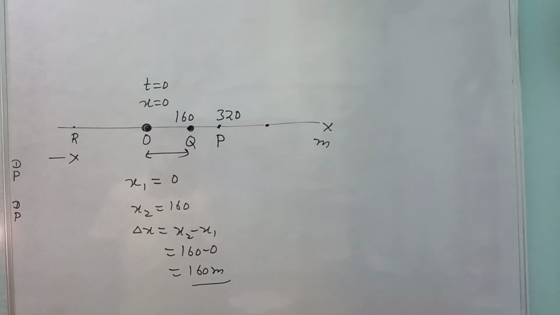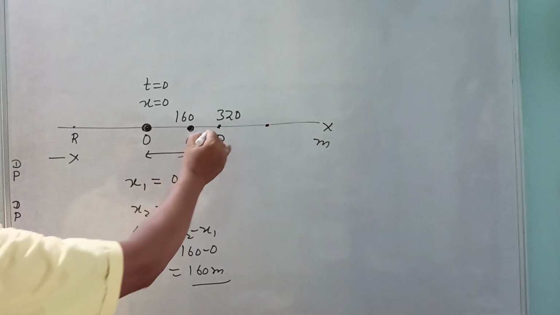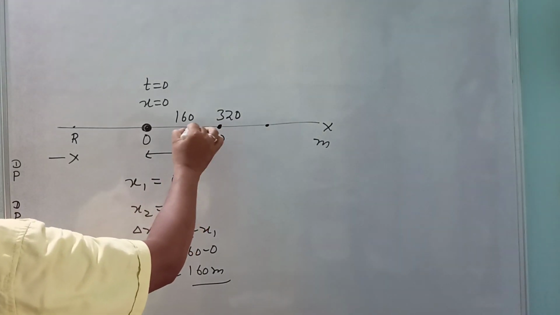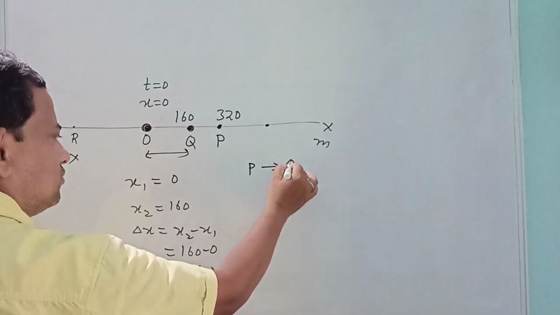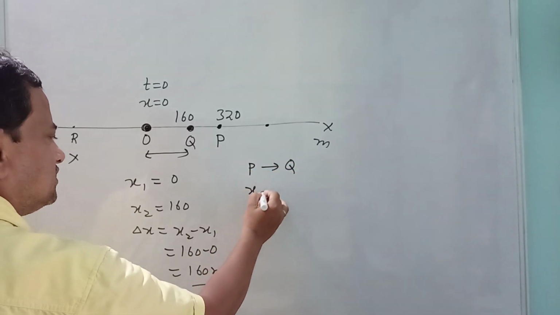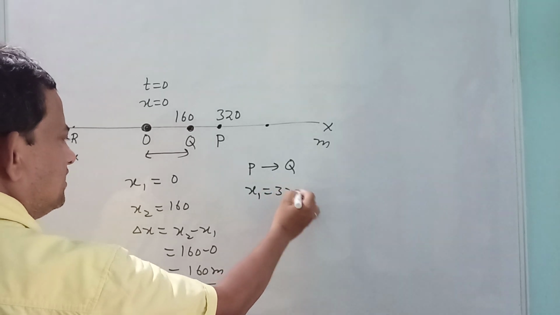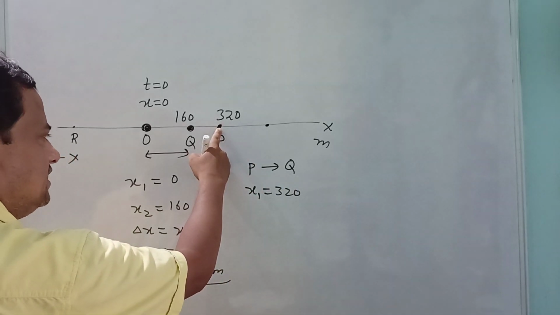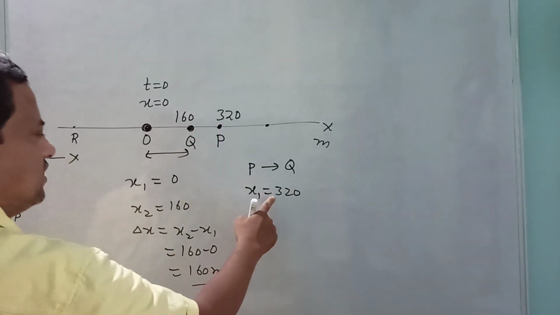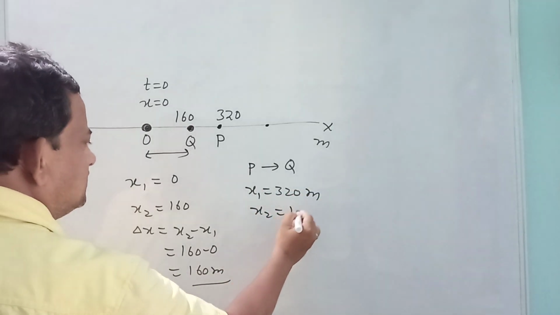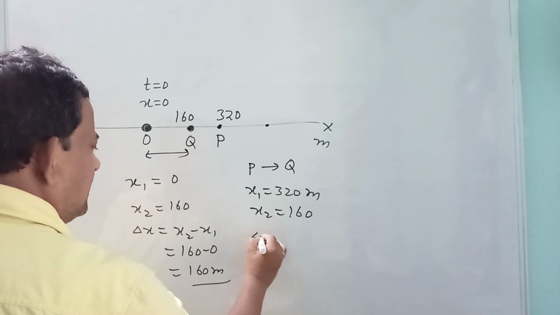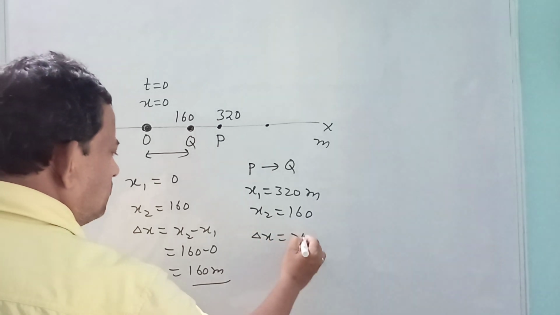Suppose one says, sir, a body travels from P to Q. If a body moves from P to Q, your initial position here is 320, because it starts from this and ends at that. So initial position is this, final position is that. So delta x, the displacement, is equal to how much?